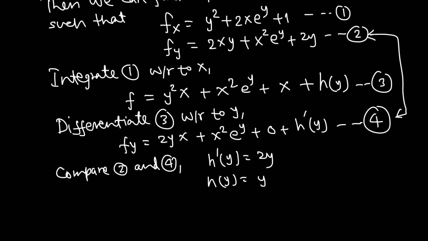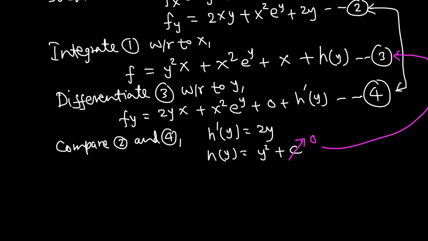The antiderivative with respect to y is just y squared plus some constant, and we can take 0 because we are looking for a potential function, so any constant would work. Now go back to equation 3, that's the potential function. Thus f is x y squared plus x squared e^y plus x plus h(y), which is now y squared.